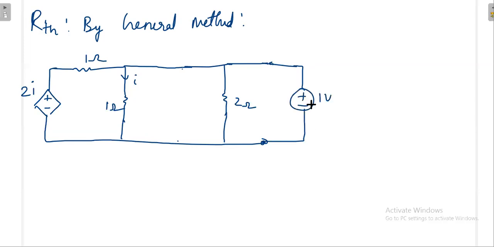When I am applying 1 volt, I do not know really what is the current going. The current not necessarily to be 1 ampere, it can be anything. My aim is to calculate R equivalent. R equivalent is equal to V by I, V is 1, so that's why 1 divided by I. So my aim is to finally find out what is I.